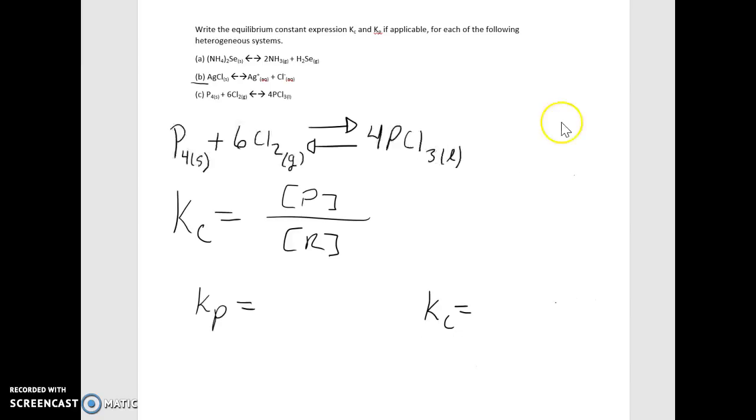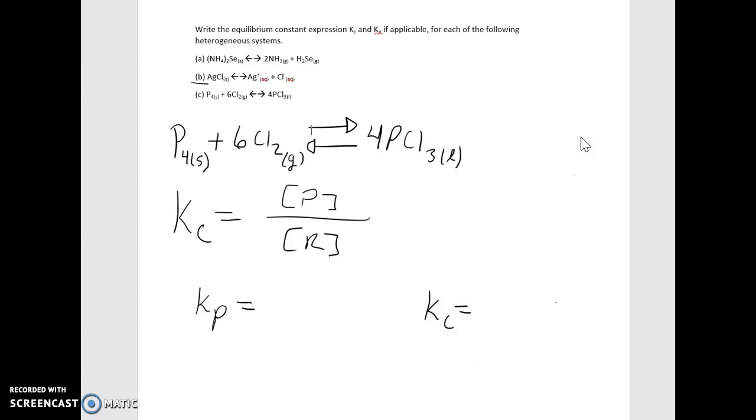Now C. For C, first we're going to start with the equilibrium constant for the concentration, and we're going to do again our products over our reactants, but then we have to remember one more time that we can't put liquids or solids in our expression.